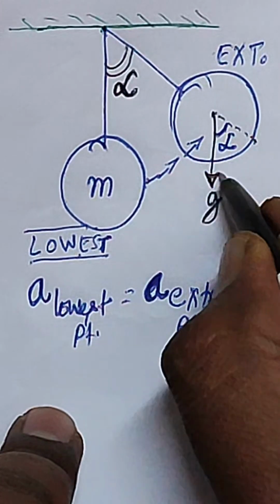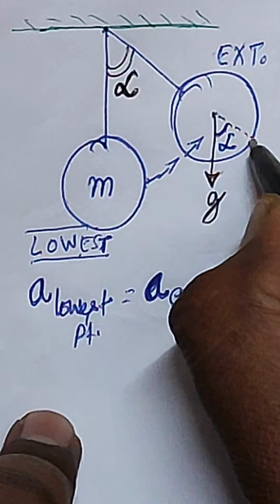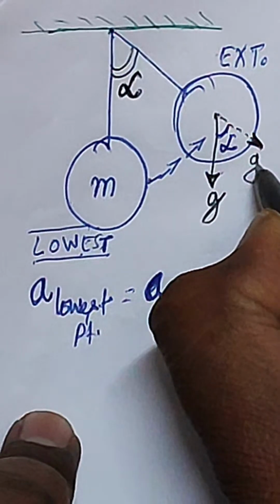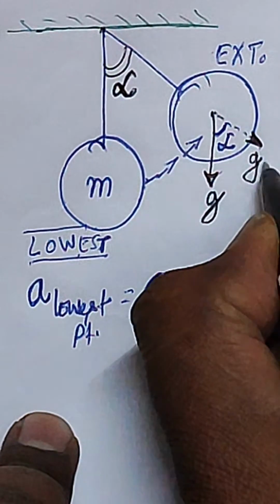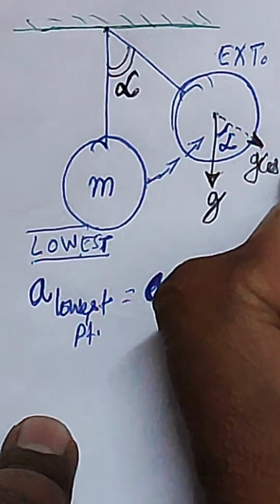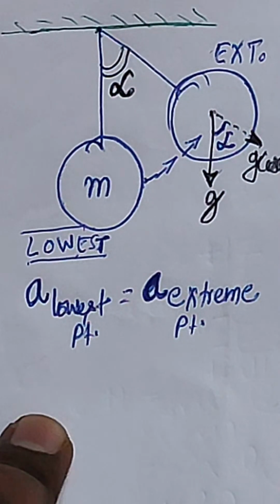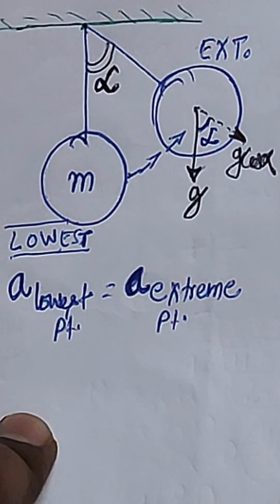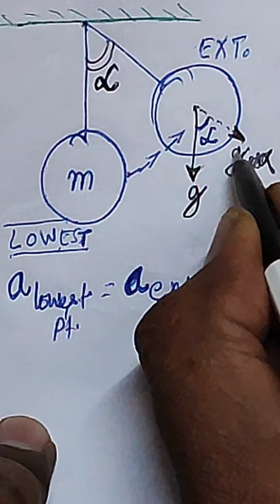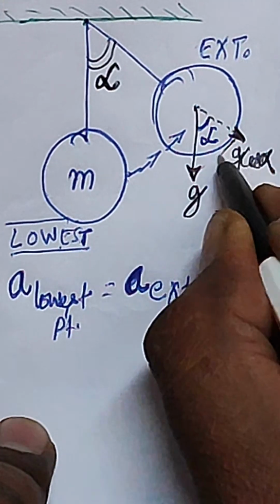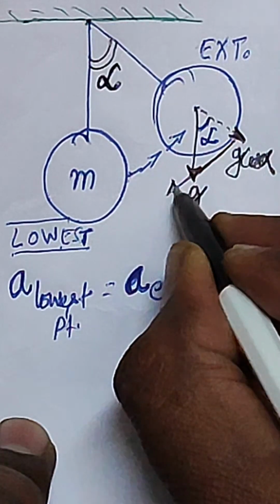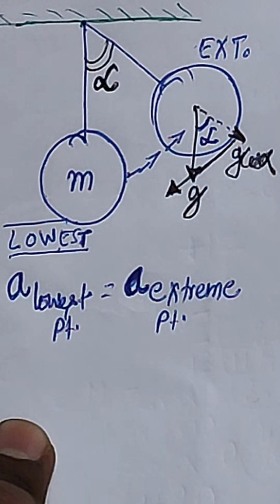The component of acceleration towards the centripetal direction will be g cos alpha. This is the centripetal, g cos alpha, and the tangential one will be like this. This will be the only component acting over here.